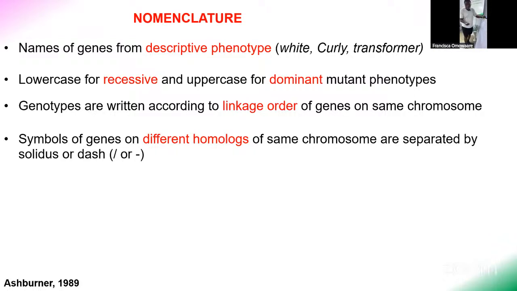So what you can do is write white minus over plus. Is that okay? So the second chromosome is wild type for white, but the other one is mutant for white. Okay. And I'll tell you what the phenotype will look like later.